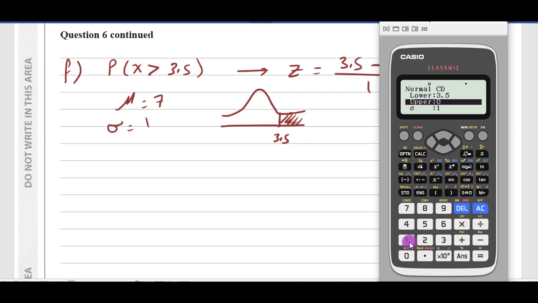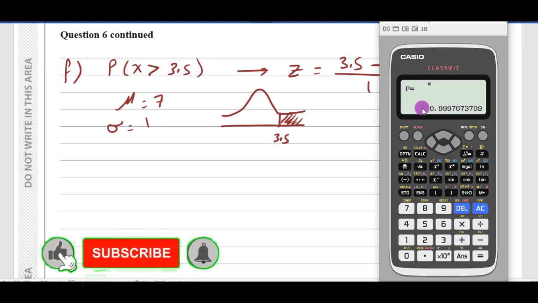The upper value will be 1E99, and then sigma is equal to 1, and then mu is equal to 7.